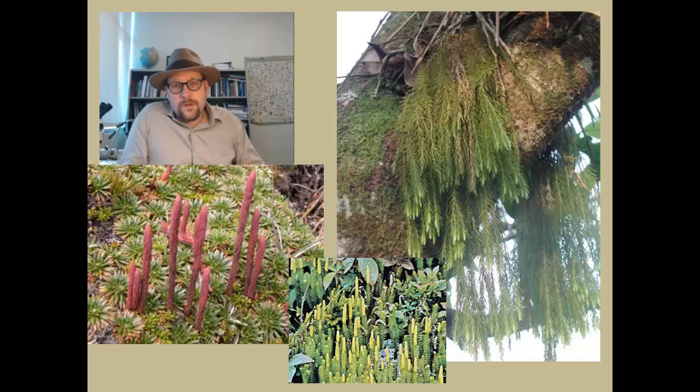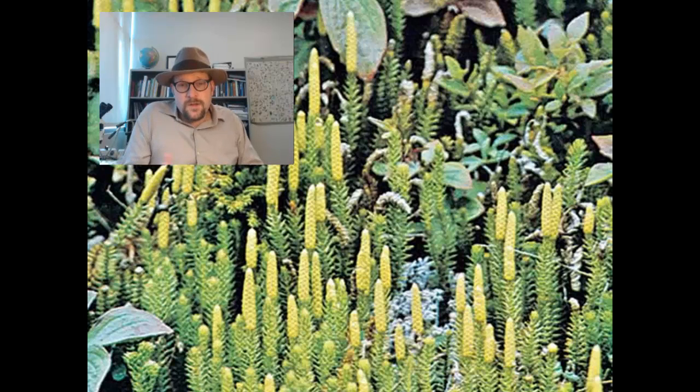Many of these club mosses are epiphytes. That means they grow on other trees, especially if there's a wet area where they can grow. They're called club mosses because they produce these big clubs or stalks that grow up. During the Carboniferous, many of these grew pretty high and eventually became the size of trees, very, very large. But living club mosses do quite well; they get pretty high stalks.